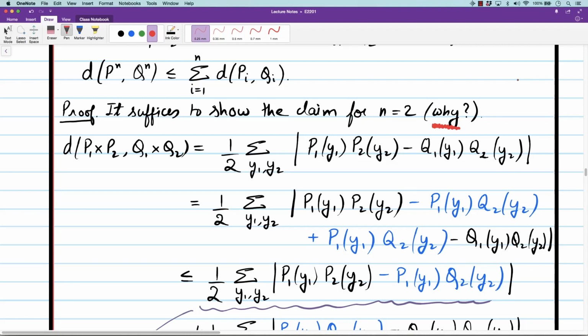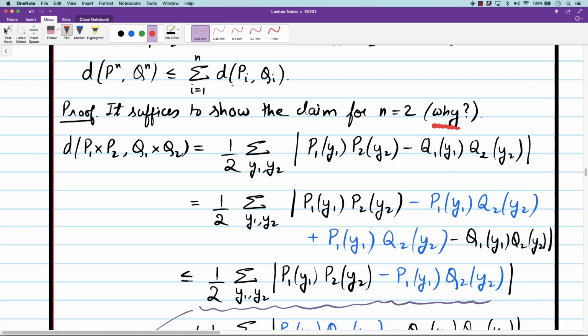Once you show this property for n equal to 2, you can apply it with P1 and Q1 as one component, and with the remaining P2 to n and Q2 to n in place of P2 and Q2. Then you can recursively repeat the argument, and you will get the argument for any n. So we just need to show it for n equal to 2.